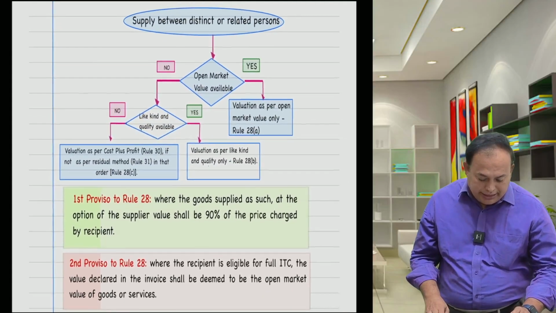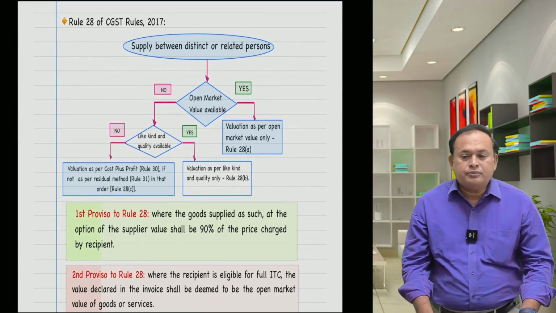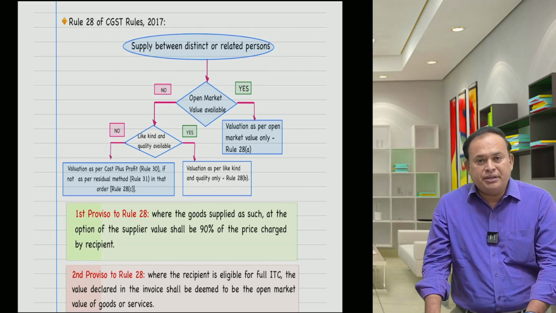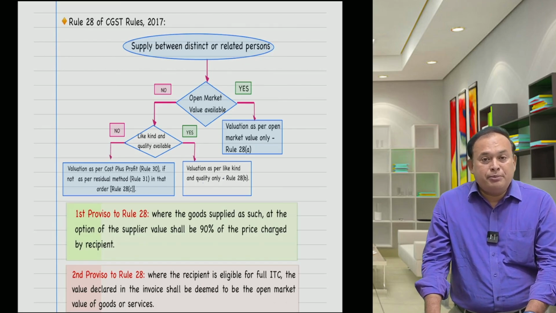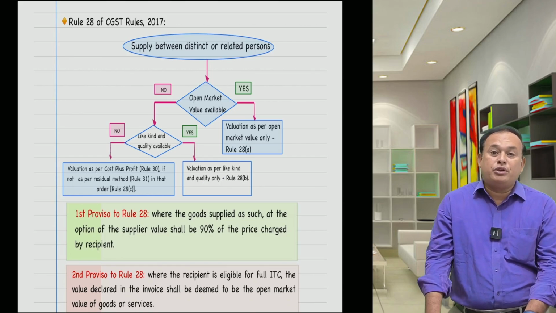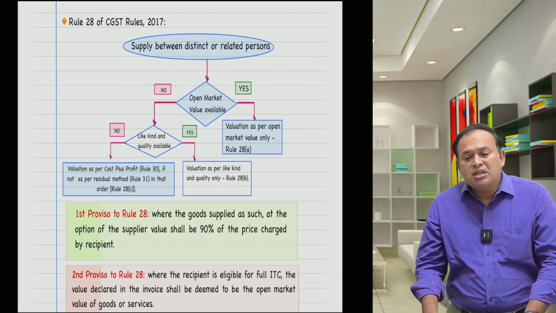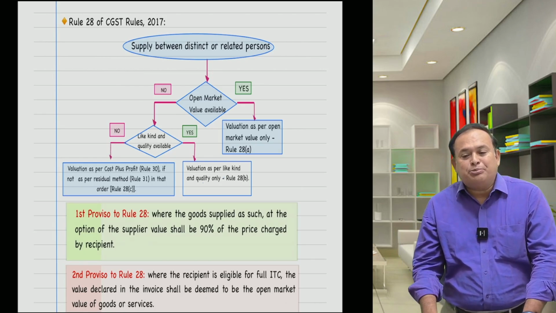Rule number 28. We have an amended provision here. Very good amended provision. One can expect it in the examination of May 24 onwards. Rule number 28 talks about supply between distinct persons.